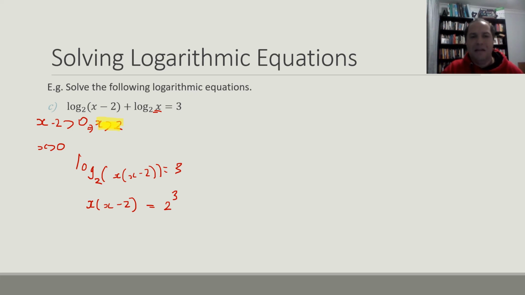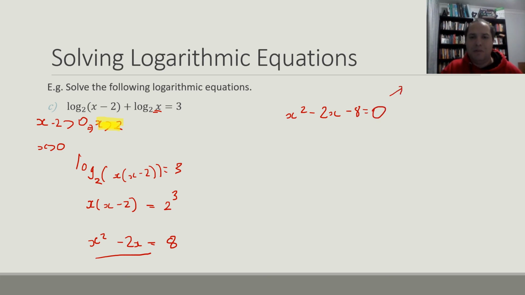Now this looks like an equation we can solve. We might have to expand this. x squared minus 2x equals 8. We've got x squared, so a quadratic. To solve our quadratic, we'll rearrange so one side equals 0. We can then factorize that one.